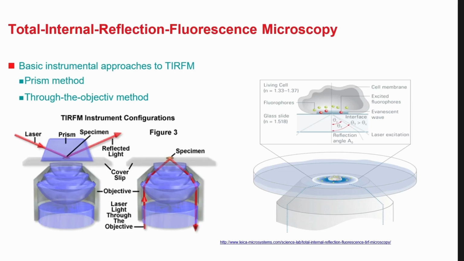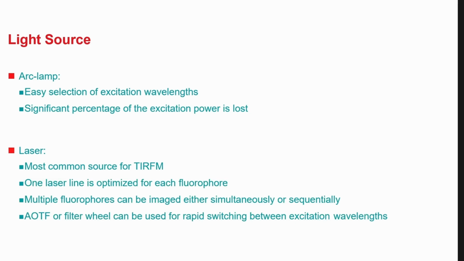How is this then set up? You basically have your specimen sitting on the cover slip. You illuminate this time at an angle, not perpendicularly, and then you basically realize illumination from this thin layer. What we usually use here as an illumination source is lasers.